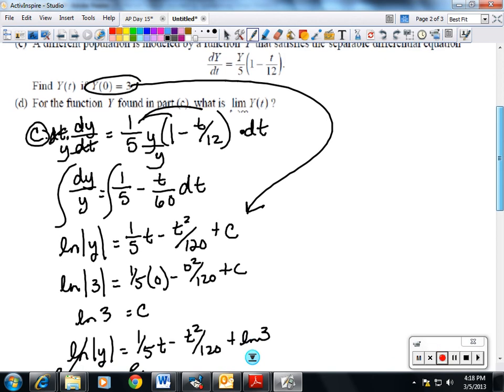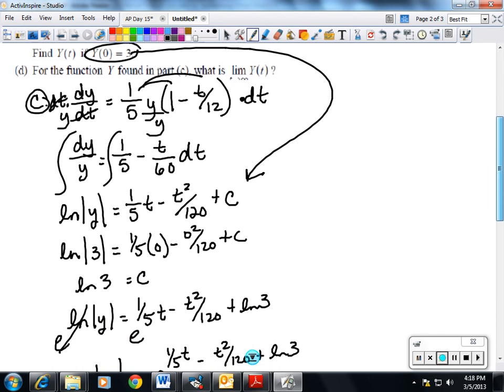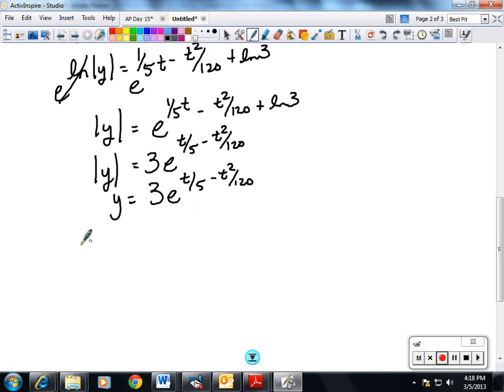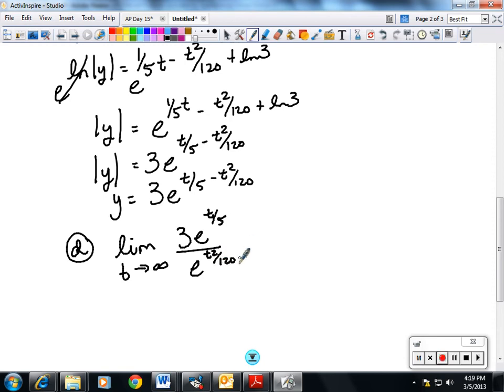Part D asks me for the function y found in part C, what is the limit as t approaches infinity of y of t? As t approaches infinity, let's look at what happens. This is part D. The limit as t approaches infinity. I'm going to write this a little differently: 3e to the t over 5, over e to the t squared over 120.